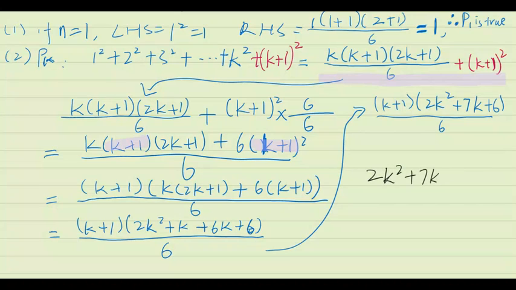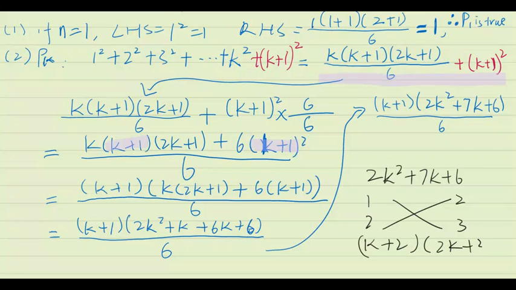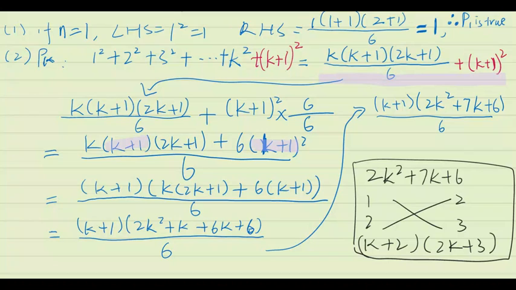We use this method, 3, 2. It will equal k plus 2 times 2k plus 3. If you're not quite sure about this factorization, you can give me comments, and I can make another video about how to factorize this.